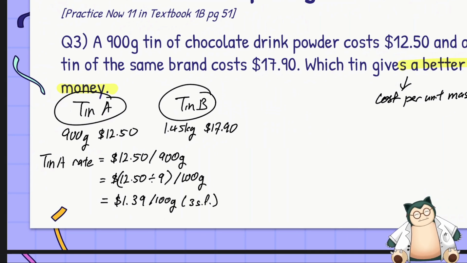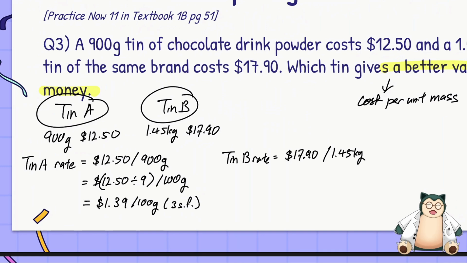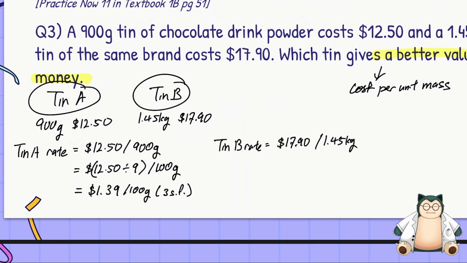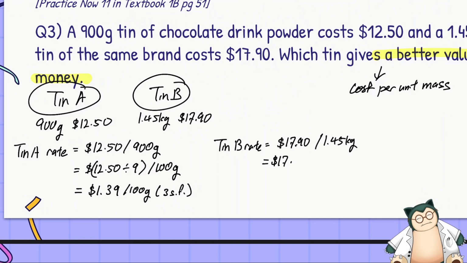Now let's look at tin B's rate. Tin B is $17.90 per 1.45 kg. In this case, we should compare using the same units of grams, so we write it as per 1450 grams.